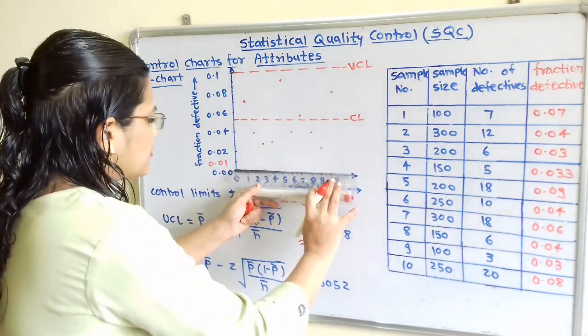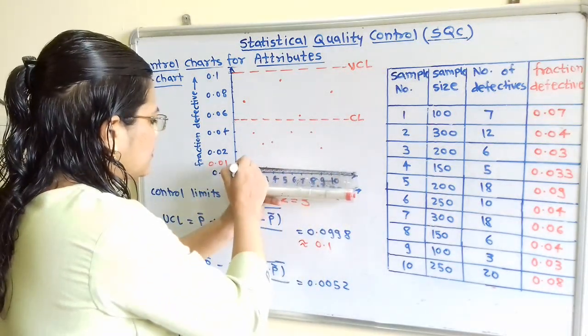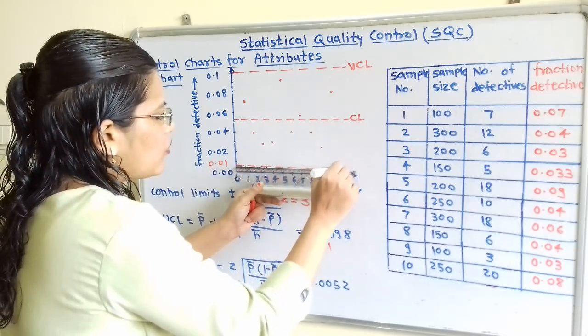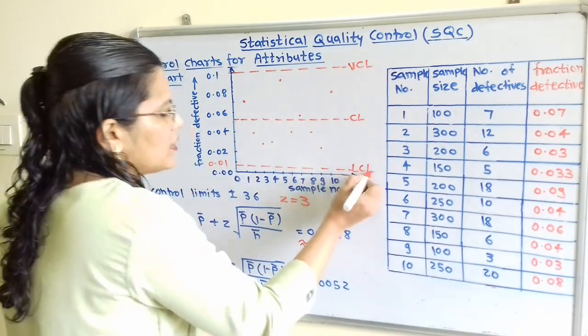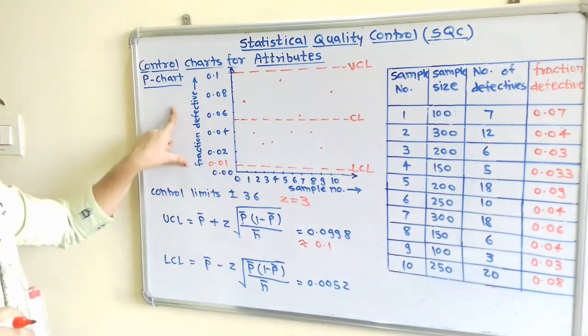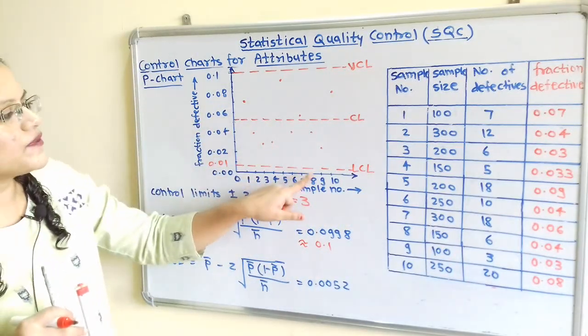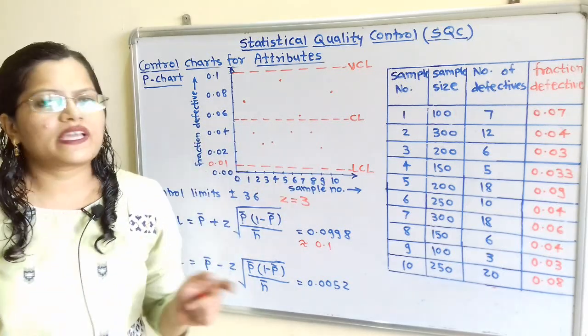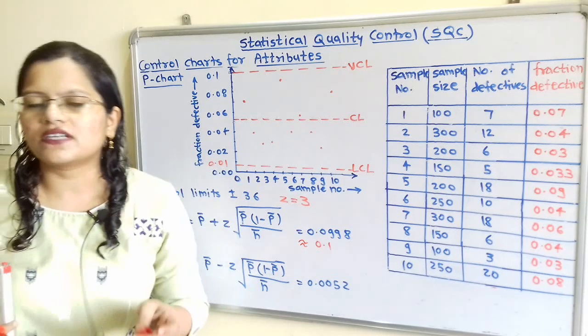So I will draw one line from this middle point, and this is the lower control limit. Now if we observe this chart, all the points lie within the upper control limit and lower control limit. So we can say that this process is under control.